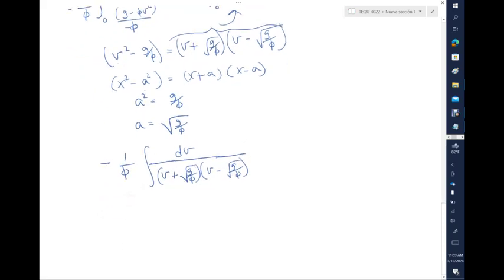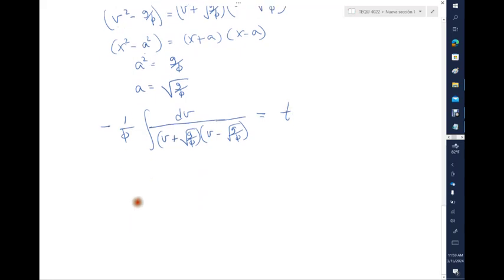And you end up with that equal to t. Now this integral here, you can do partial fractions. It would be straightforward to do partial fractions on this, although you can use the integration table.